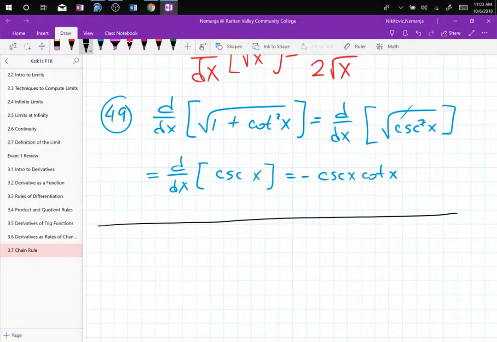Problem 40. So plenty of examples in a book have these product rule and quotient rule combined with this. Is it hard? No. Is it annoying? Yes. Right? I have to learn the difference between hard and annoying.